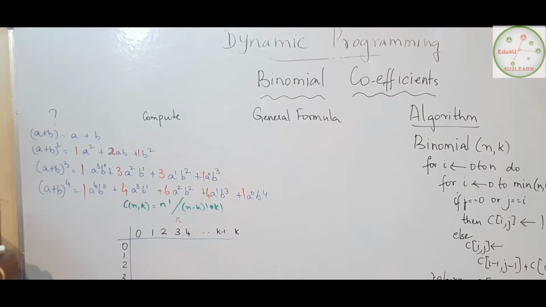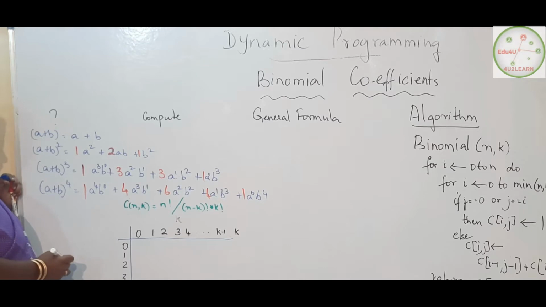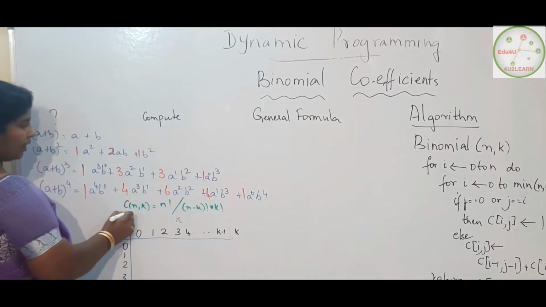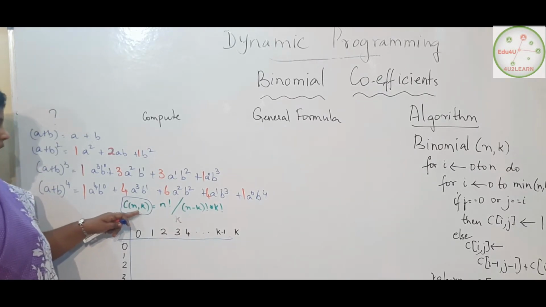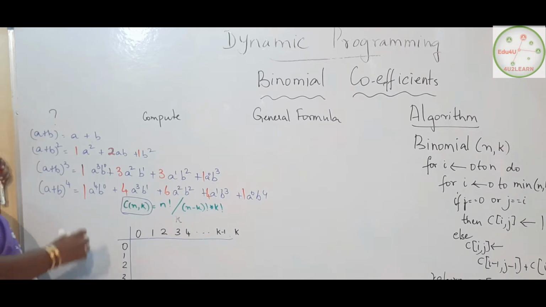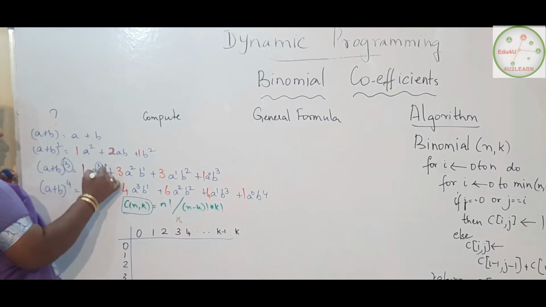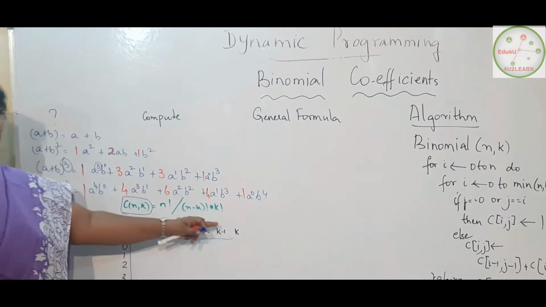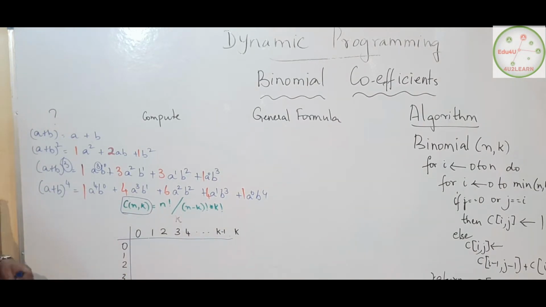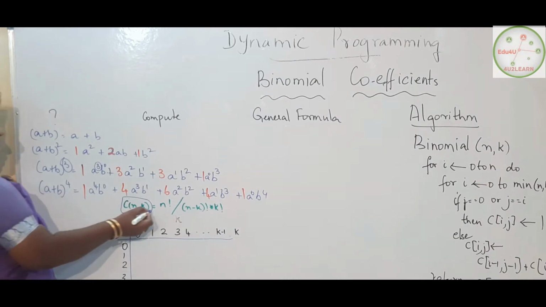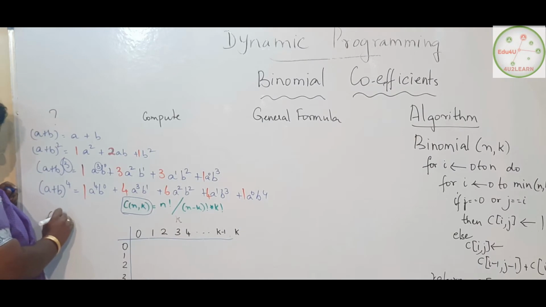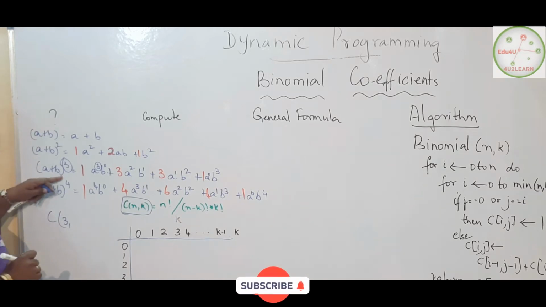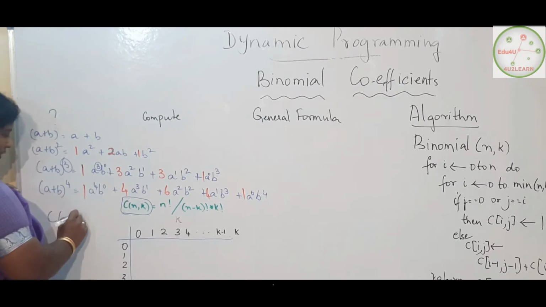The condition here is that we will be using our combinatorial factor, C n comma k. Based on the coefficient, whatever it is, we will calculate the factor of it. Now the formula we have just given is this. I will take n as 3.